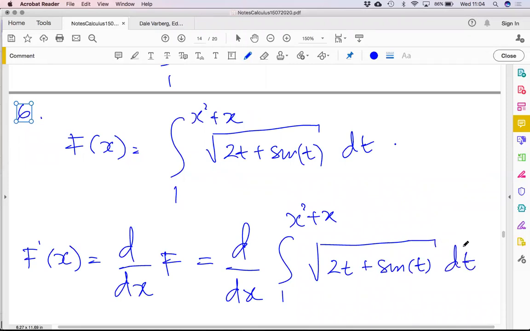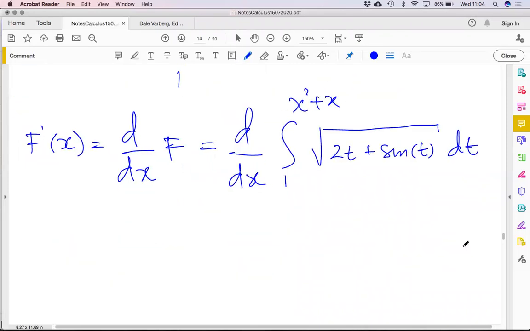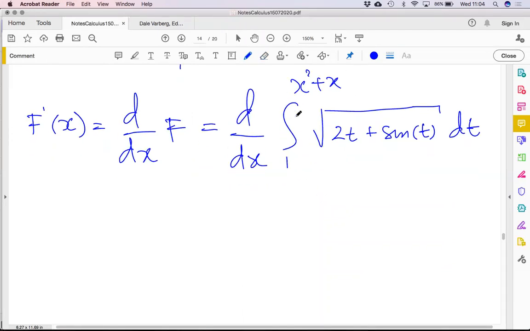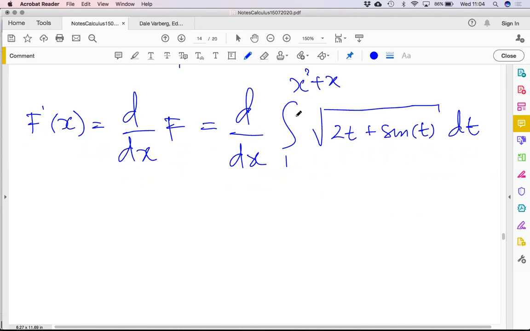Okay, so you cannot directly use the FTC, or fundamental theorem of calculus, because here the derivative is with respect to x, but here we have x squared plus x. Therefore, you need to make a bridge.